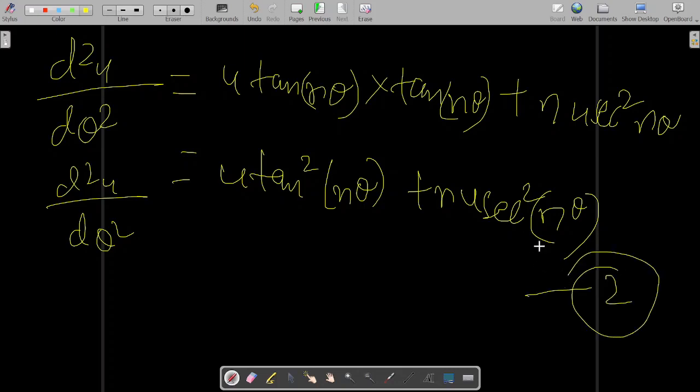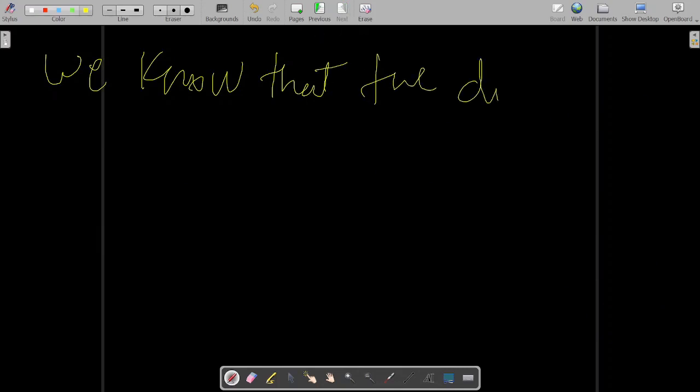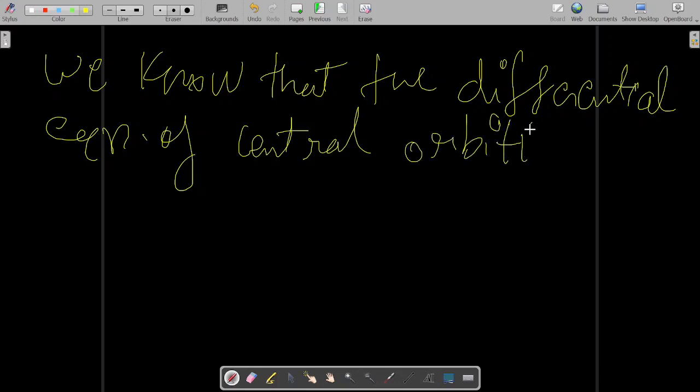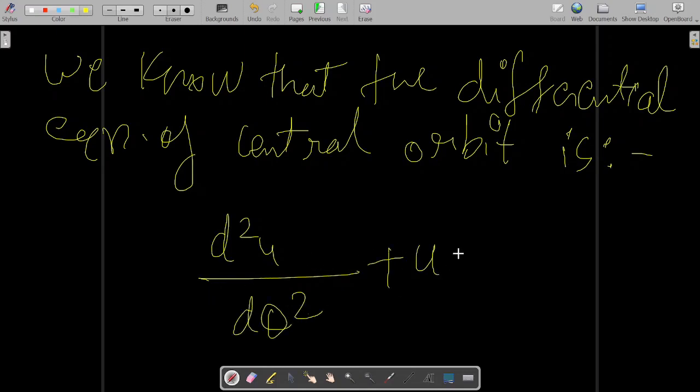We know that the differential equation of central orbit is d2u by d theta 2 plus u is equal to f divided by h square u square.